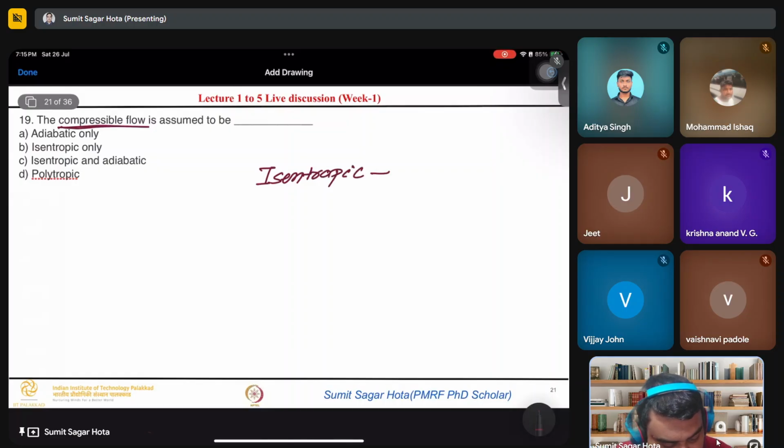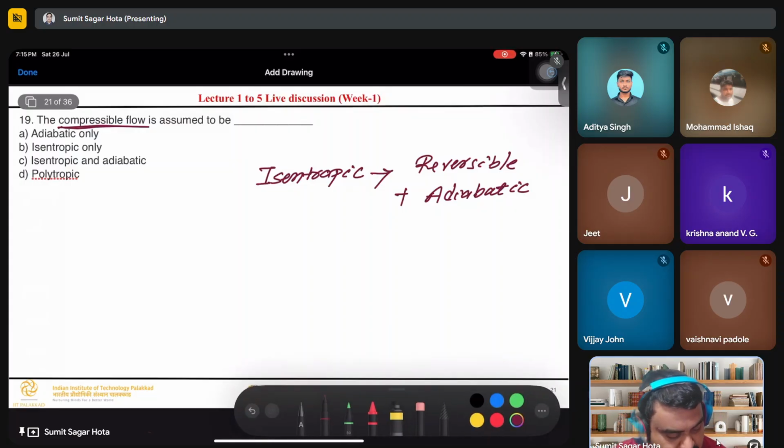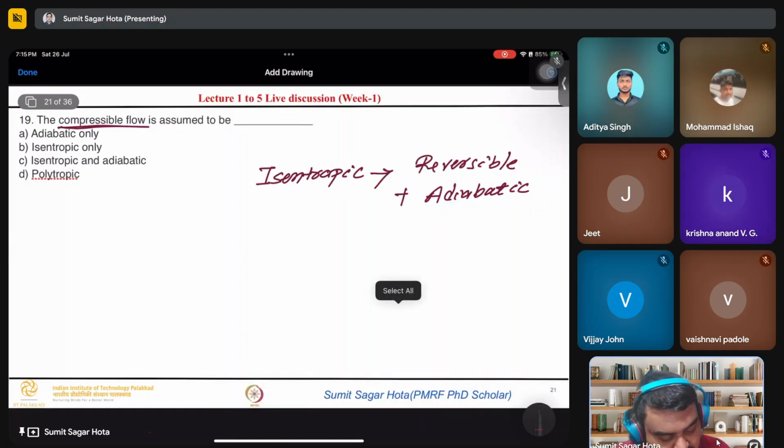This isentropic means reversible plus adiabatic. When we want any flow to be isentropic, we always assume reversible and adiabatic compressible flow.